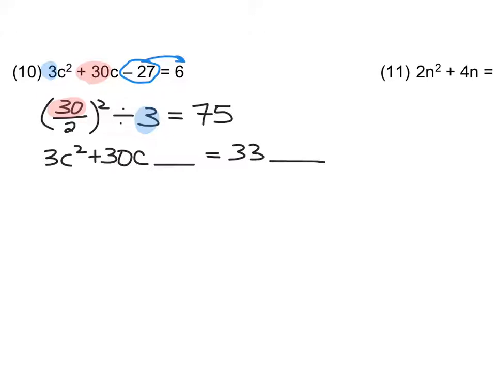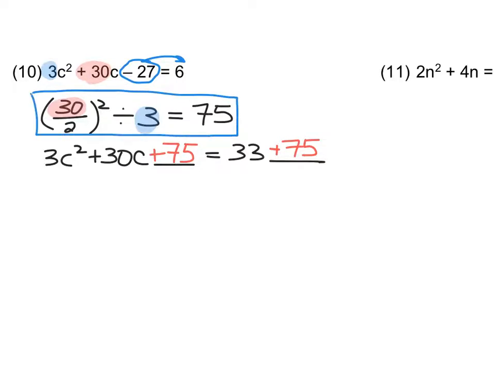Anyway, that 75 gets added to both sides. I thought since you added the 27 to the 6, you didn't need to add the 75, but you do. Whatever this computation is always going to get added in. All right, this completes the square.